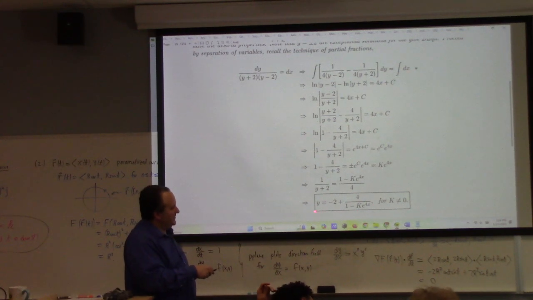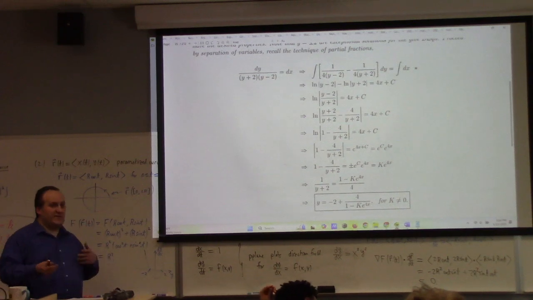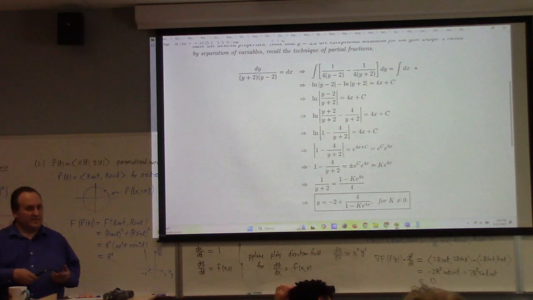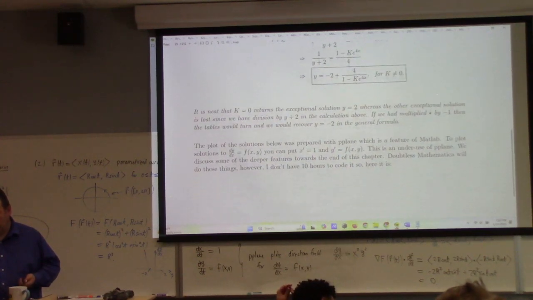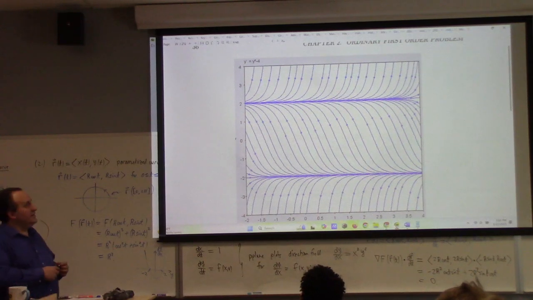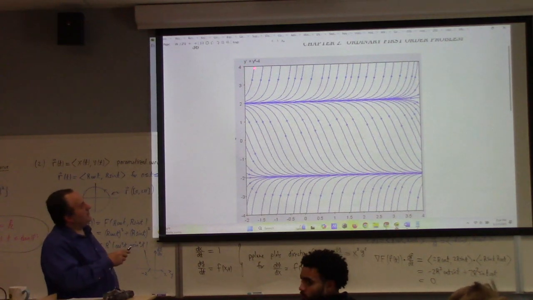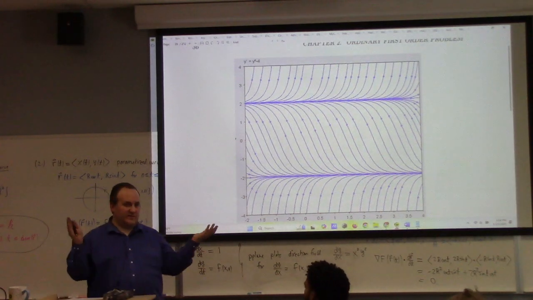This family of functions behaves in such a way that it's increasing and decreasing just like we said. And I can visualize that with the p-plane. Watch. So here's the differential equation. y prime is y squared minus 4. y squared minus 4 is y plus 2 times y minus 2, okay?